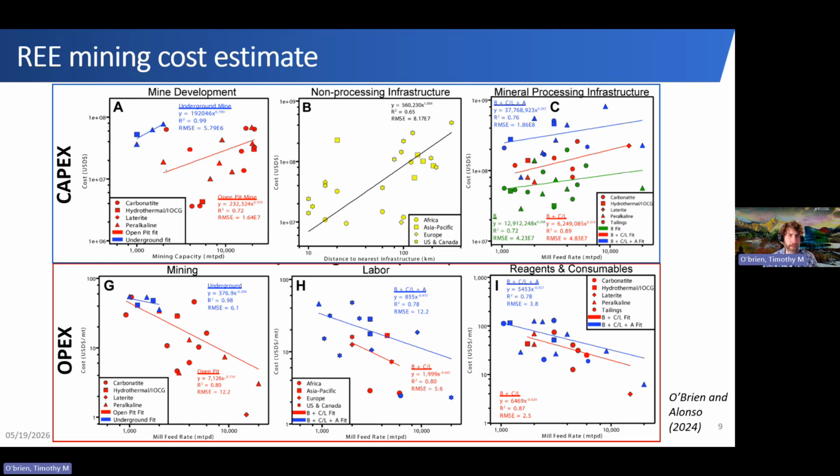As well, the underground costs of mining are more expensive than the open pit. And similarly to the mineral processing infrastructure here, as you increase the number of steps, going from acid cracking and leaching to separated oxides, the costs are more expensive.